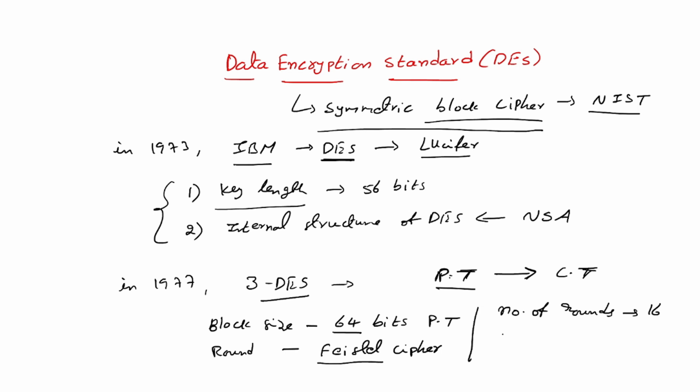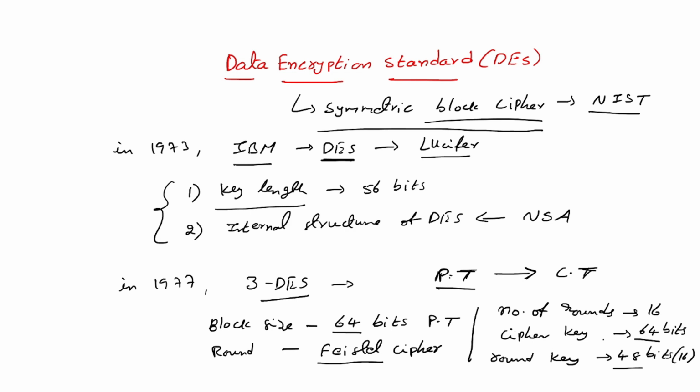And cipher key, that is 64 bits, and round key size is 48 bits. The 64-bit key will be used to generate 16 48-bit keys. Those are subkeys.